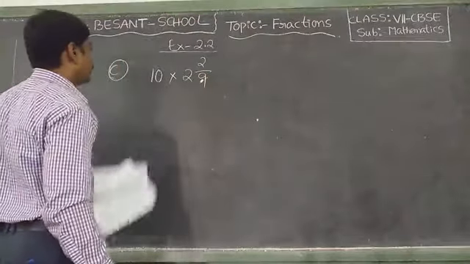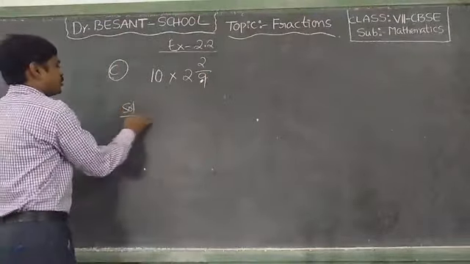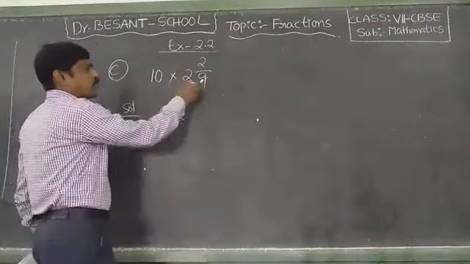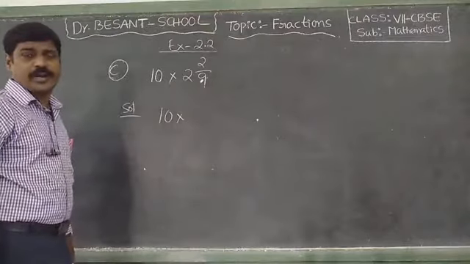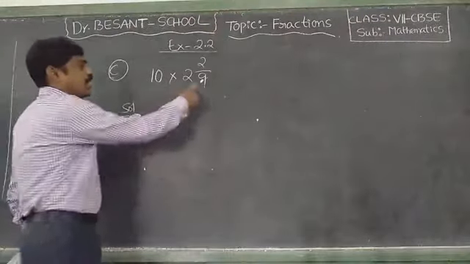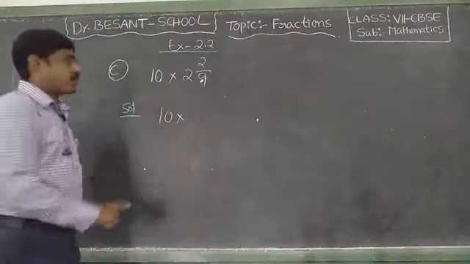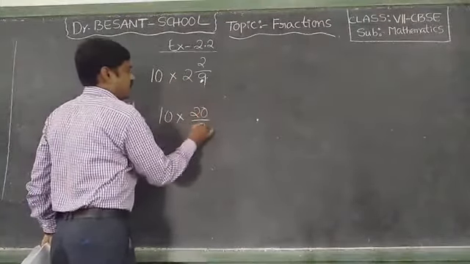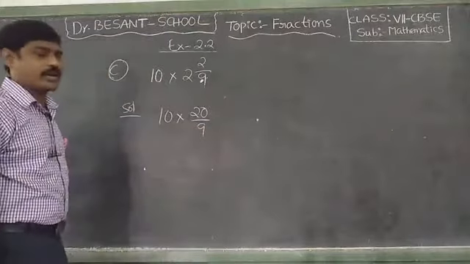So 10 into 2 and 2 by 9, now you can understand 2 9s are, directly we can do it. 9 2s are 18 plus 2, 20. Directly we can do it.